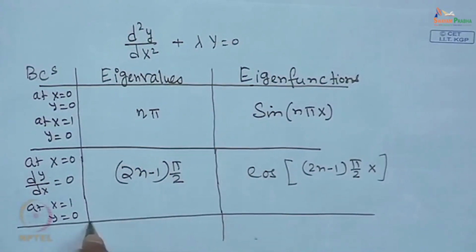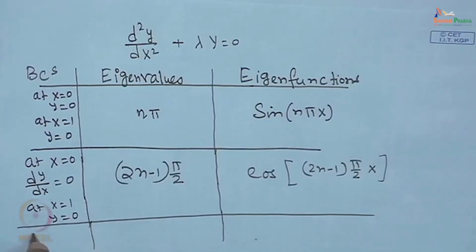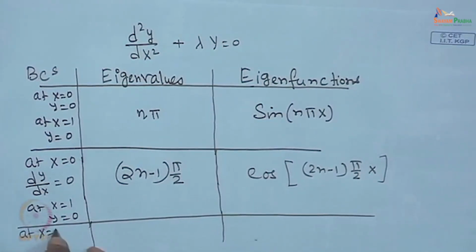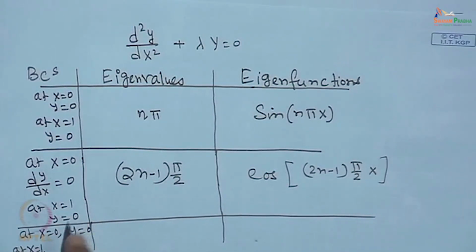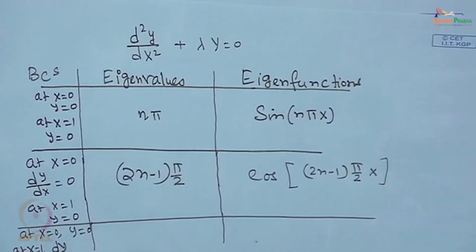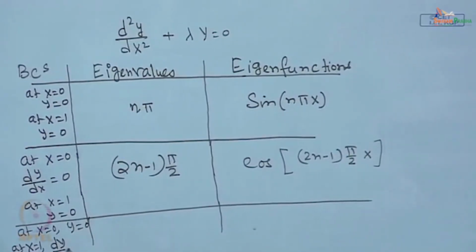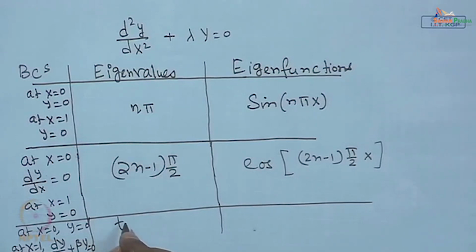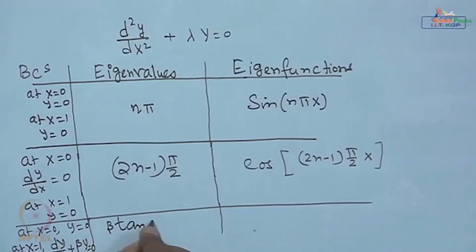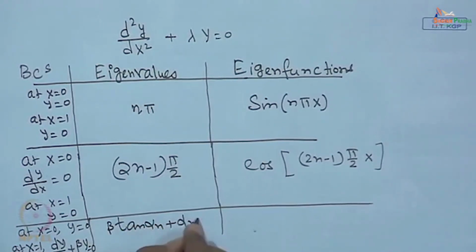And on the other hand, the last one: if we have the boundary condition at x is equal to 0, y is equal to 0, but at x equal to 1, we have a Robin mixed boundary condition, dy dx plus beta y is equal to 0, then we have a transcendental equation, the solution of which becomes the eigenvalues. So, beta tan alpha n plus alpha n is equal to 0.